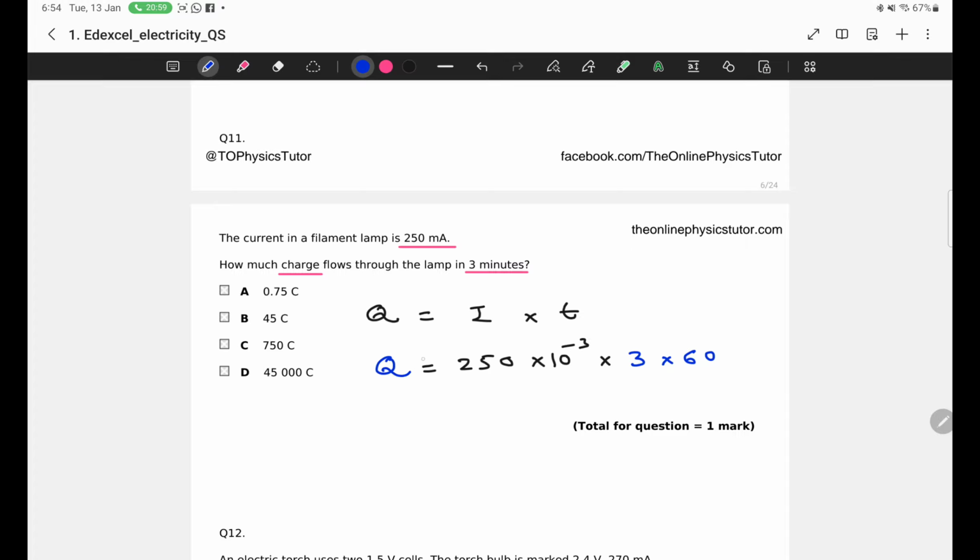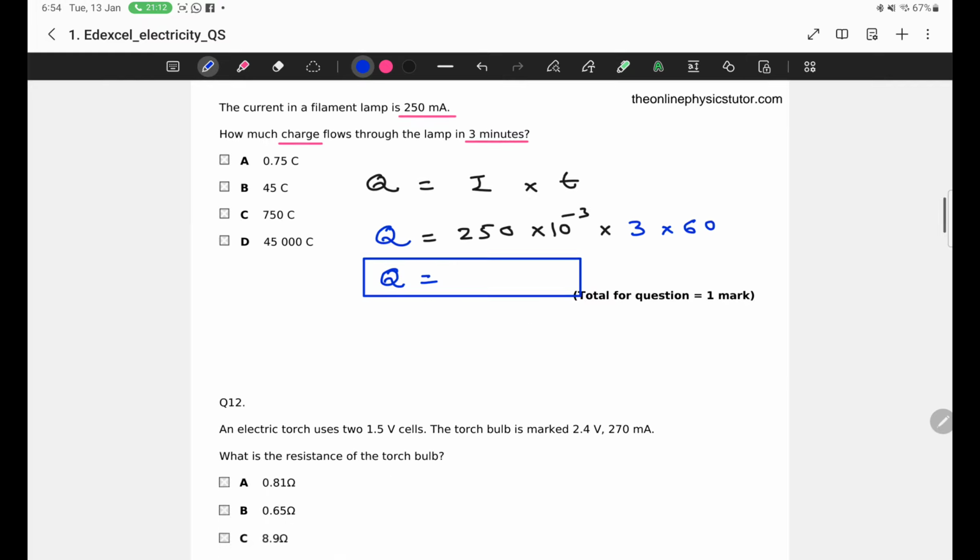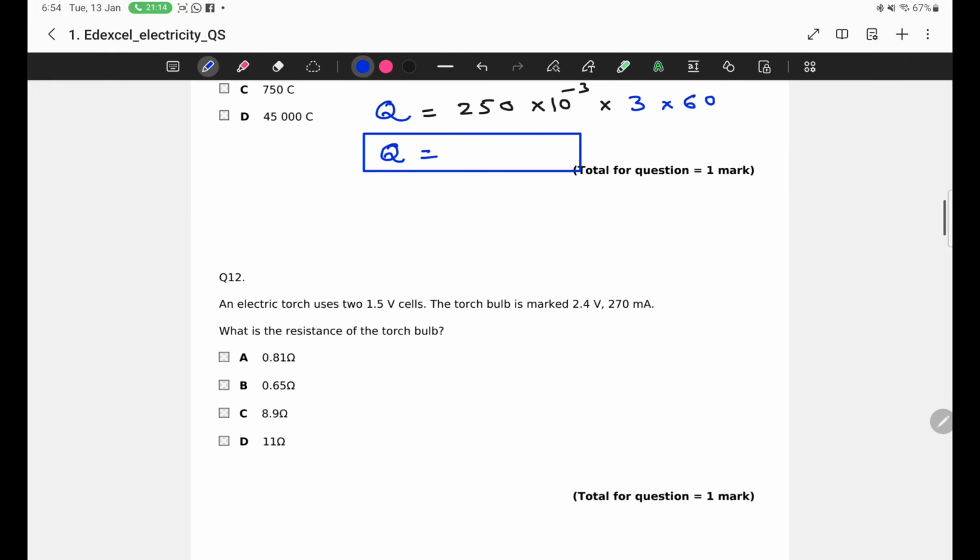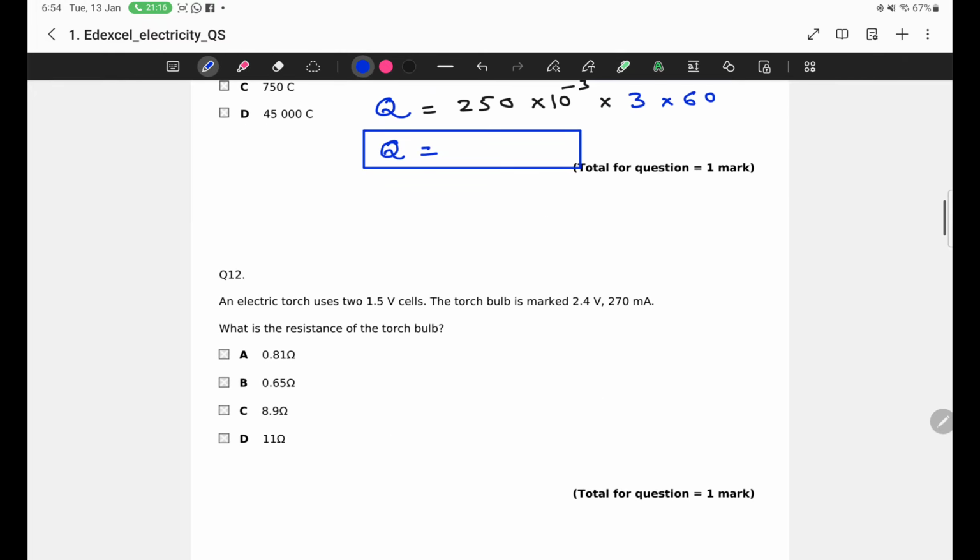If you multiply these numbers, then you can calculate charge. I am not asking to calculate. Leave it.